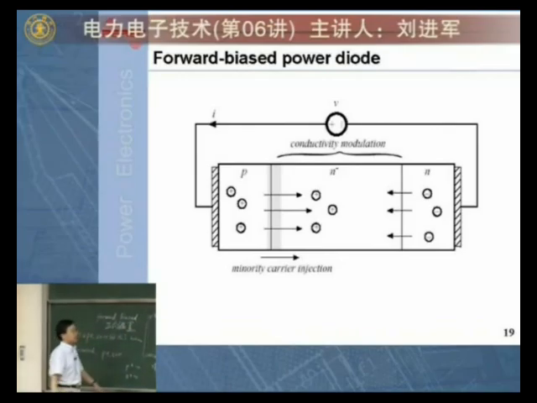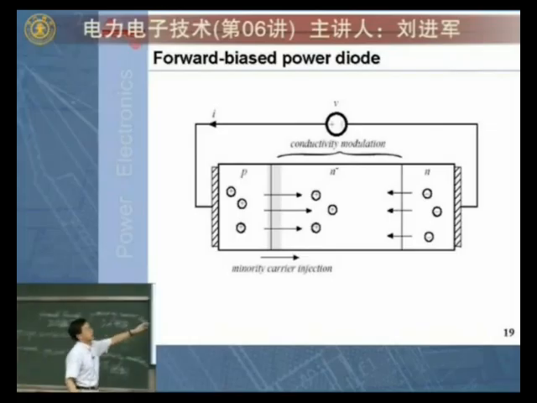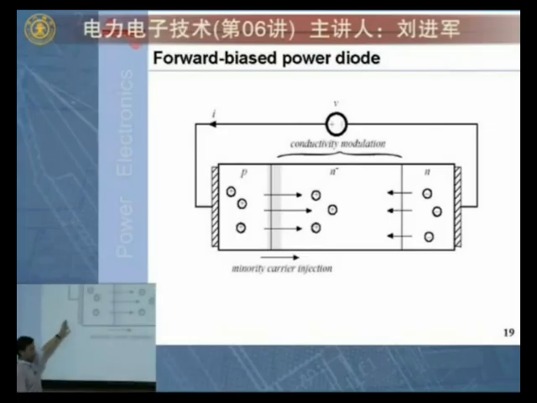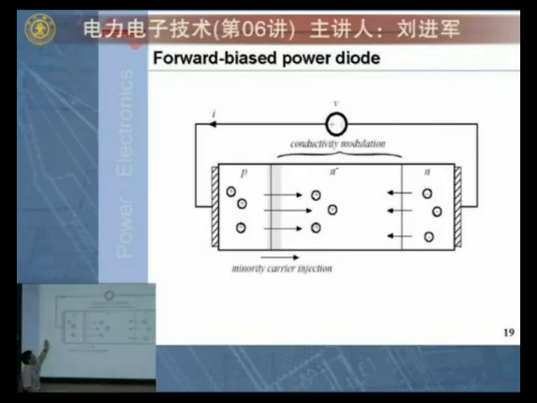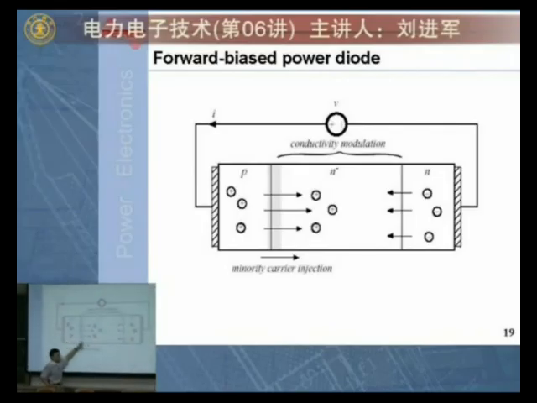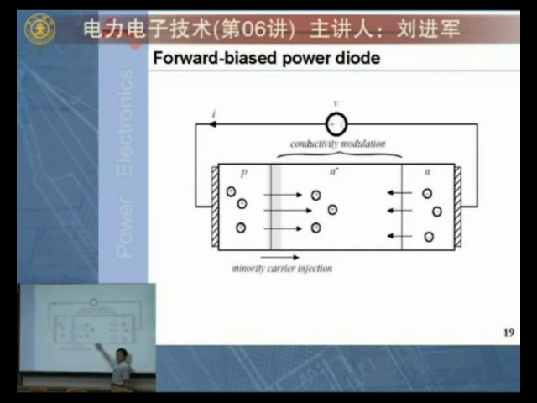When you are forward biased, because of the outside voltage or outside electric field, you are injecting holes from the P region to this intrinsic region. You are injecting free electrons from the N region into this intrinsic region. And therefore, the carrier density in the intrinsic region is dramatically increased. Therefore, you have the ability to allow current flow. Your conductivity becomes larger. That's the illustration.